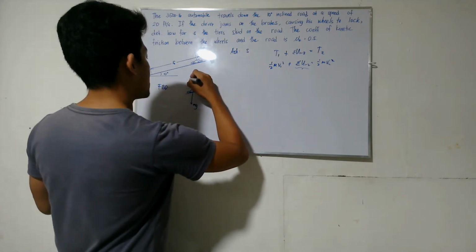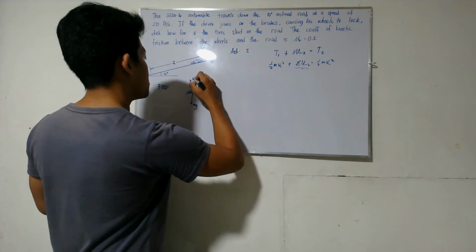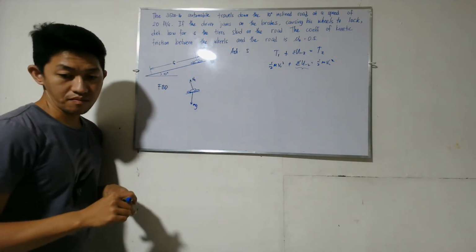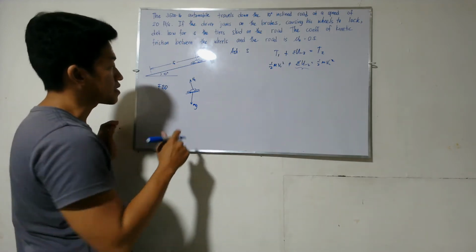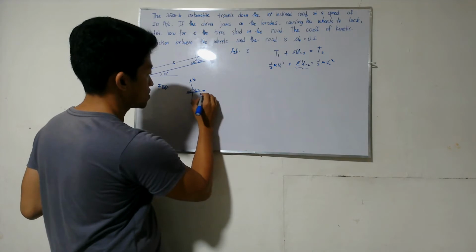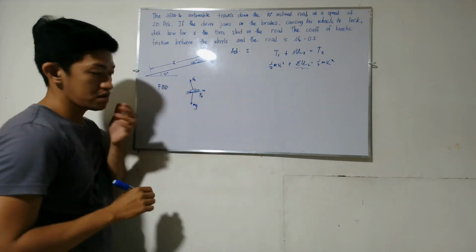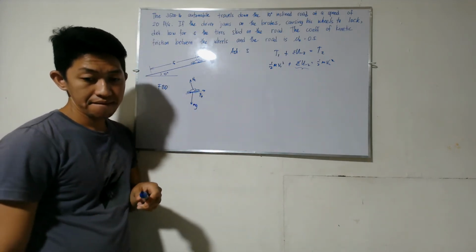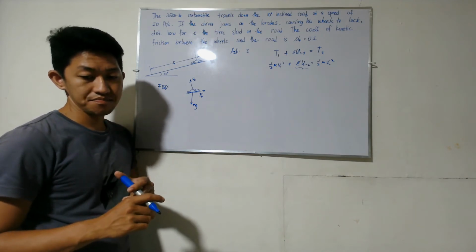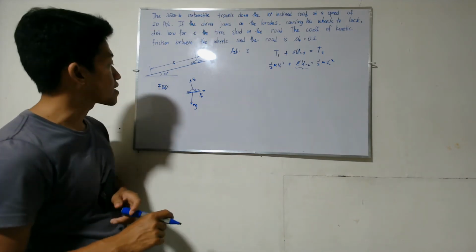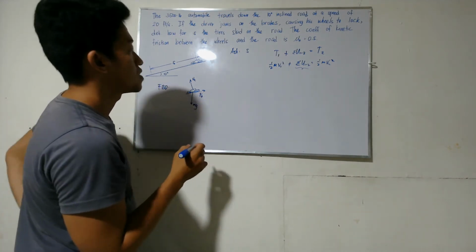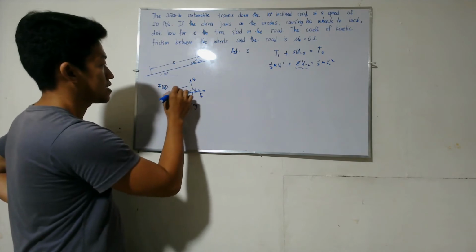You have the normal component, NC. Another one, you have friction. Okay? Is that all? Okay. So your motion is downward.